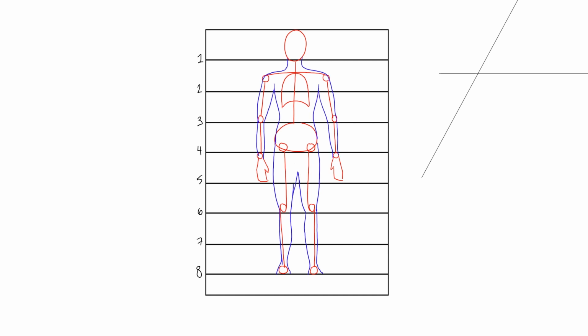To start adding volume to your bodies, think of everything like a tube. I mean, we are fundamentally tubes, a mouth to anus, but also more generally in how bodies are shaped. Your tube arms are going to go big to small from the top of the humerus to the elbow, then big to small again from the elbow to the wrist.